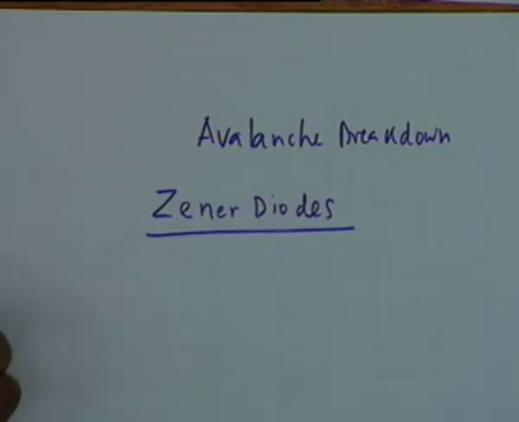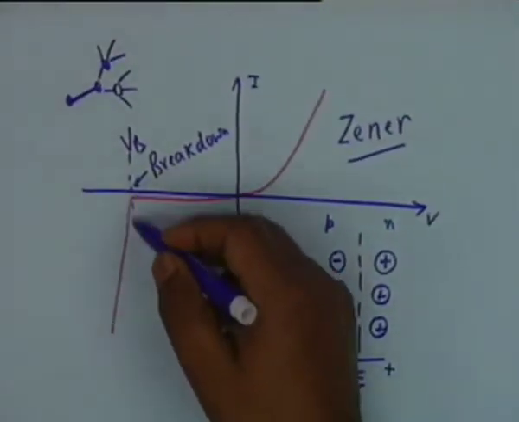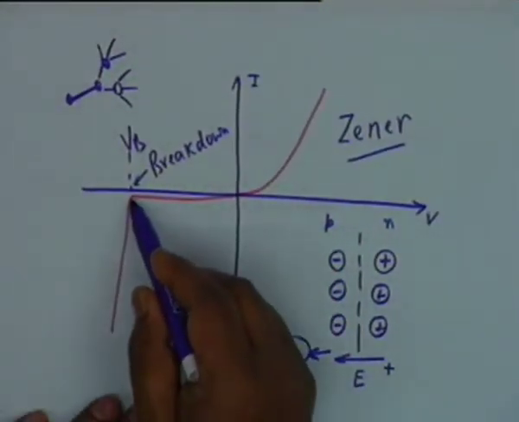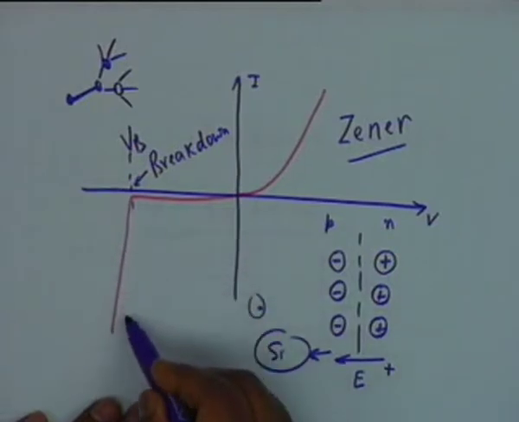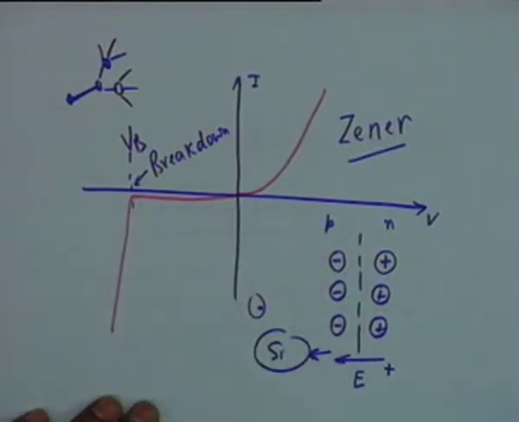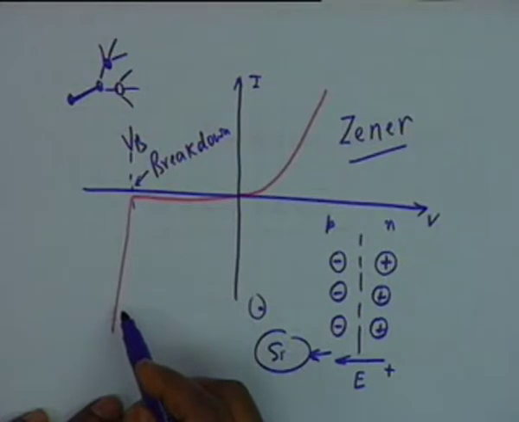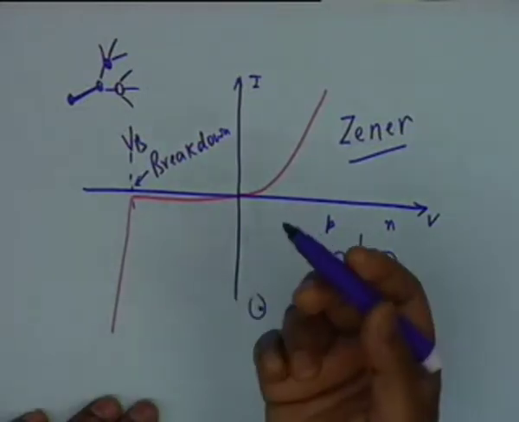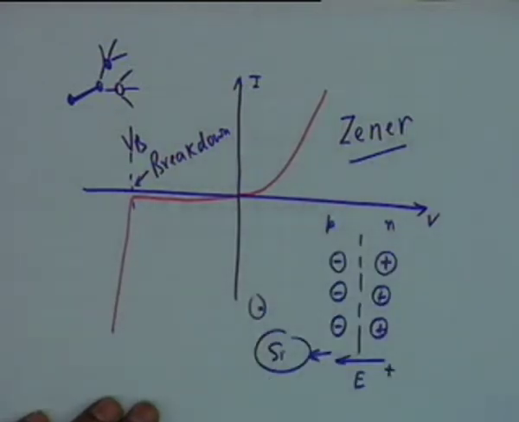Therefore Zener diodes are very popular in situations where you wish to keep voltage across a load constant irrespective of the current drawn by it. If you look at this, the ideal characteristic would be if this curve falls sharply vertically down, then the voltage remains the same, but the current can increase or decrease depending on what the load wants.